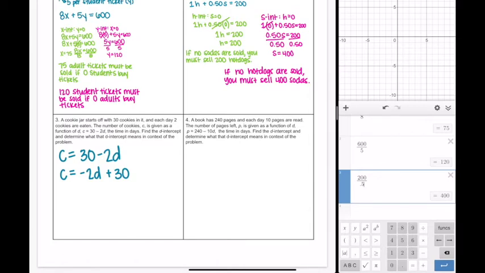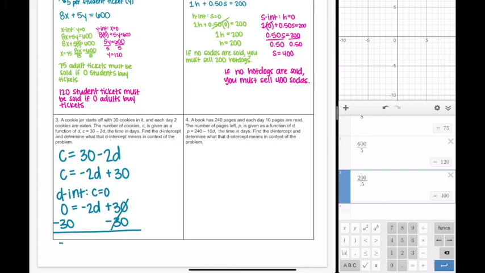So the D-intercept would happen when C is 0. So if C is 0, what would be the D value? Well, we'd have to subtract 30 on both sides.